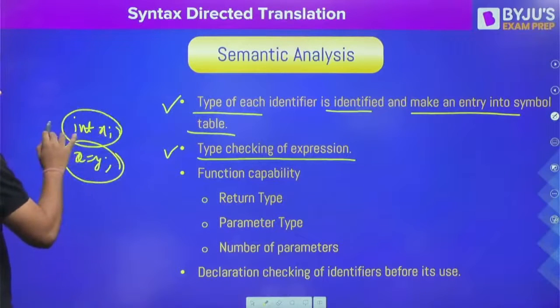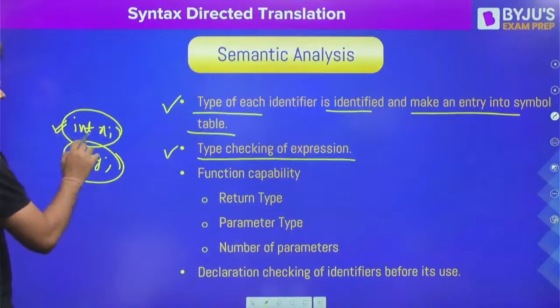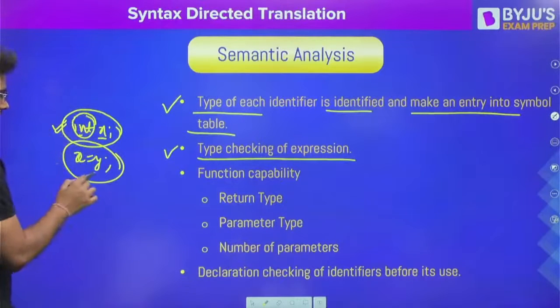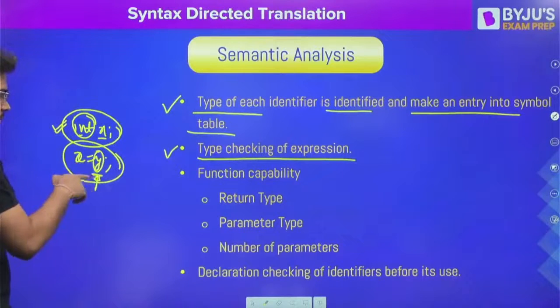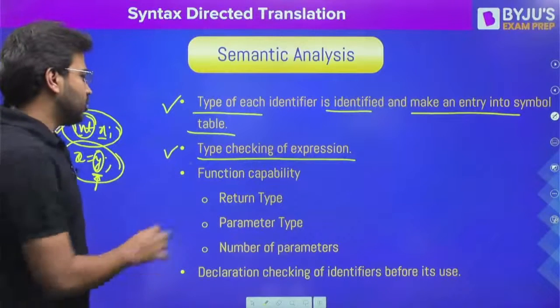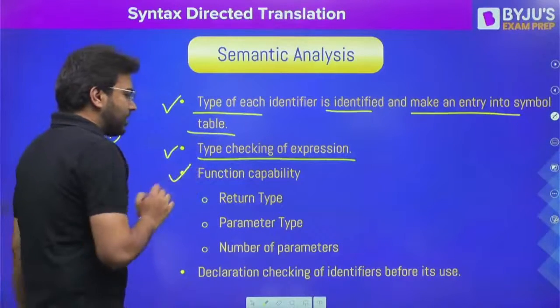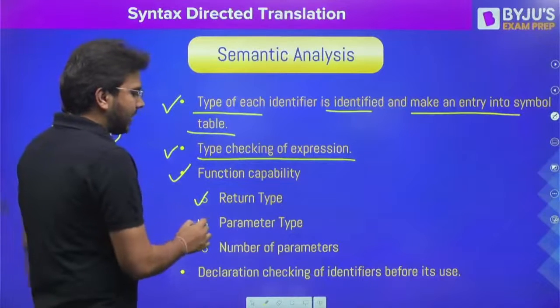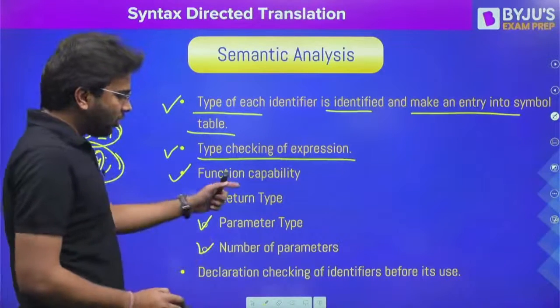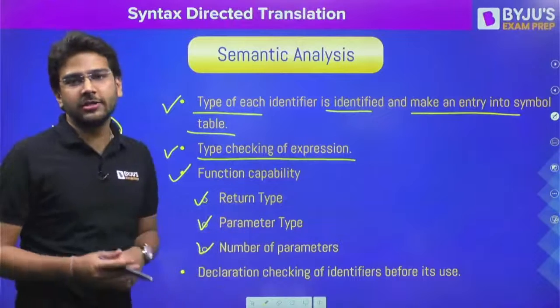As you can see, we have already defined int x and the type is integer. So it is going to check the data type of y as well. Then only we can perform the assignment, right? So type checking of the expressions and function capability like return type, parameter type, number of parameters, all these will be checked by your semantic analysis phase.